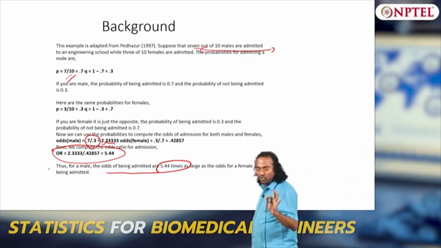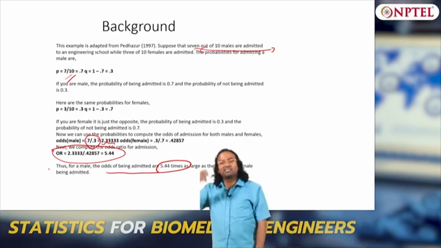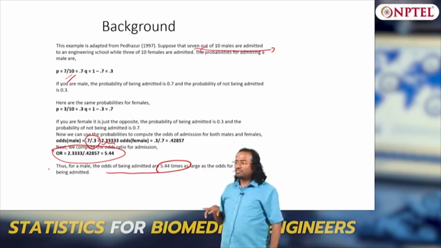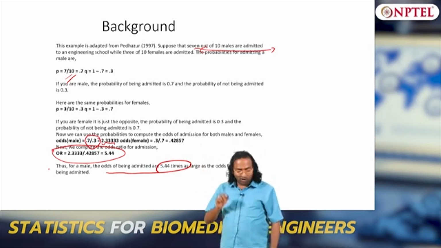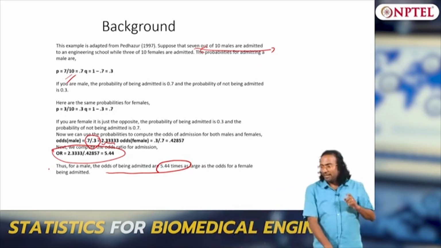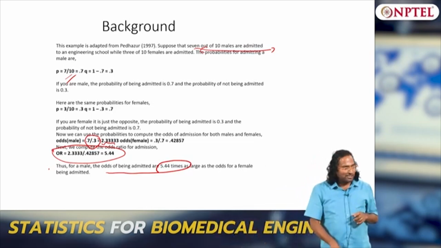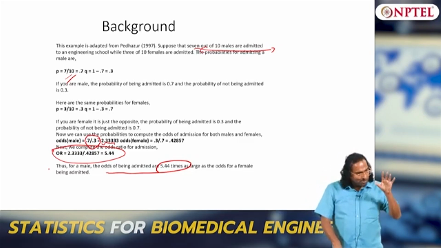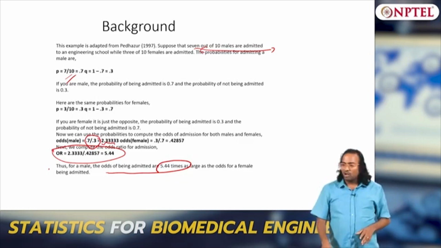Odds itself is a ratio first of all, and odds ratio is a ratio of odds. The odds of a male is 0.7 by 0.3, probability of success divided by probability of failure. Female also we know.